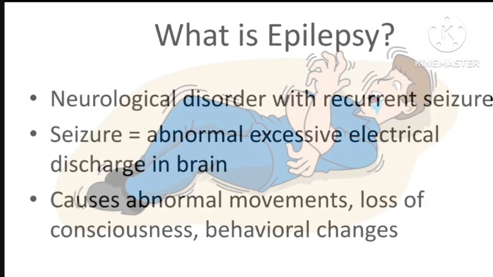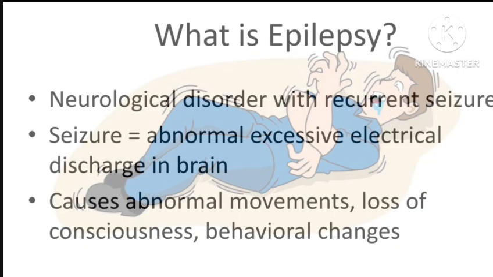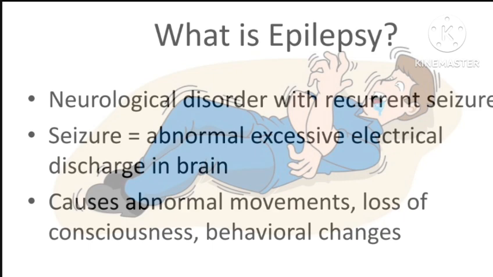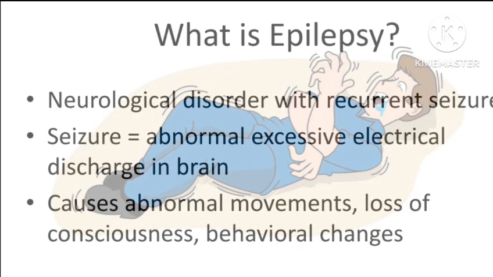But in epilepsy, the neurons suddenly start firing excessively and uncontrollably. This creates an electrical storm inside the brain. That electrical storm produces abnormal body movements, loss of consciousness, abnormal sensation, behavioral changes, or staring episodes.